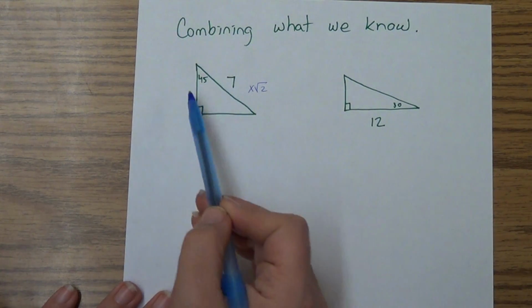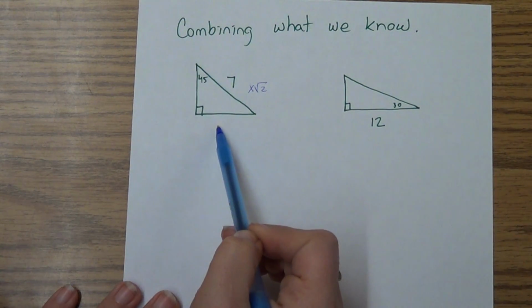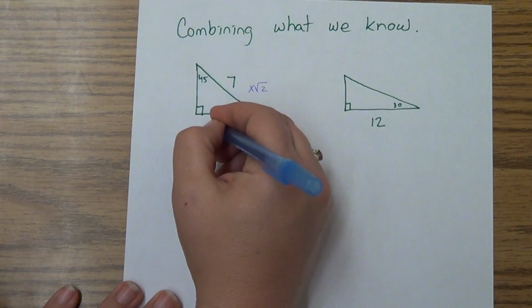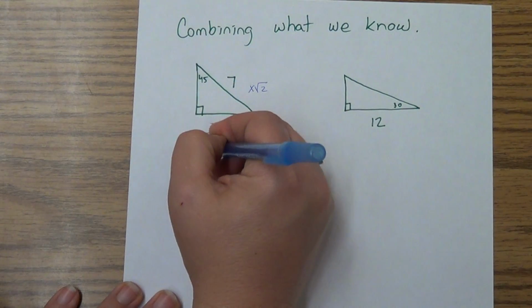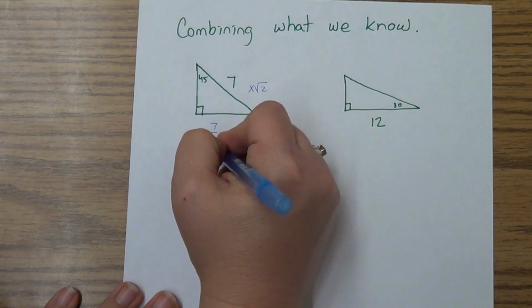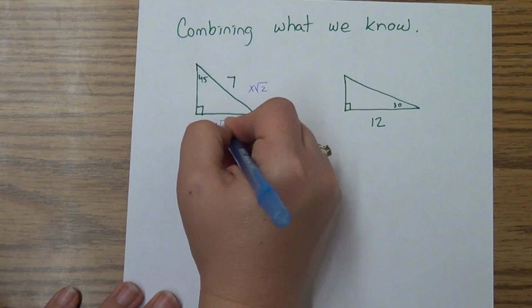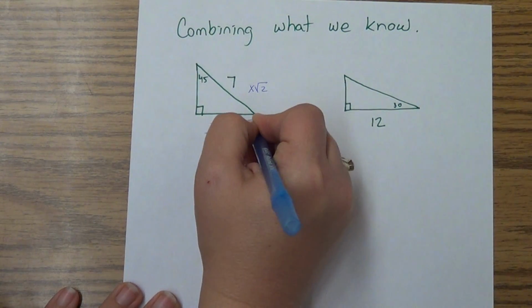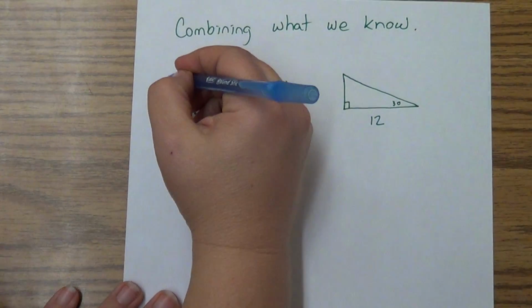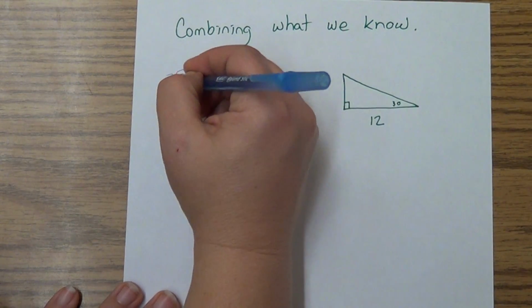So if I want to get it out to find these two sides, I have to divide by radical 2. So this side is 7 divided by radical 2, but we're not allowed to leave our radicals in the denominator. So then we have to rationalize. So this ends up being 7 radical 2 over 2. Once I've got that one, then this one's a piece of cake because it's got to be the same thing.